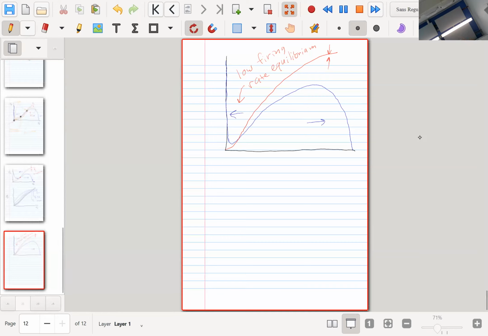And what we want to do now is examine the stability of this fixed point. Is it stable or unstable? We have about 10 minutes, which should be enough.